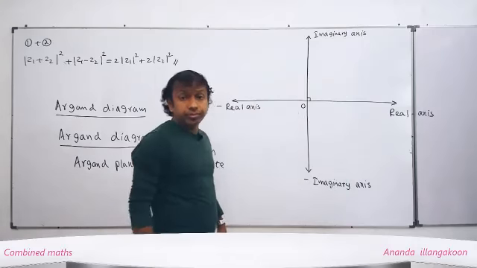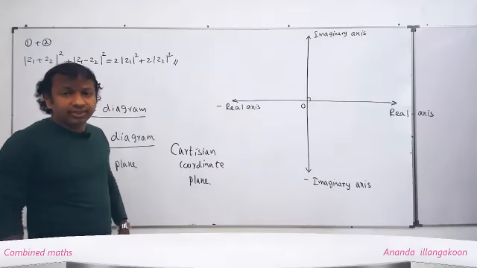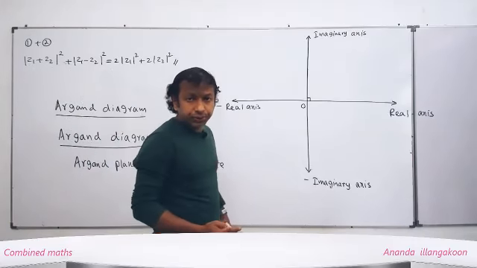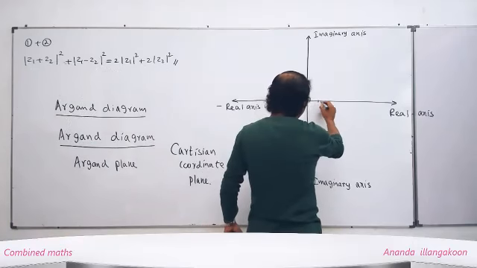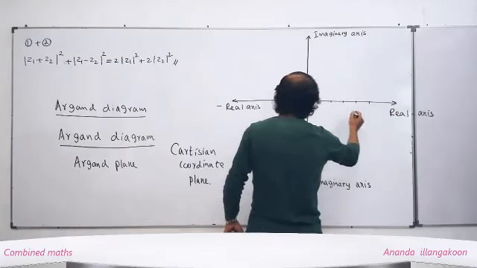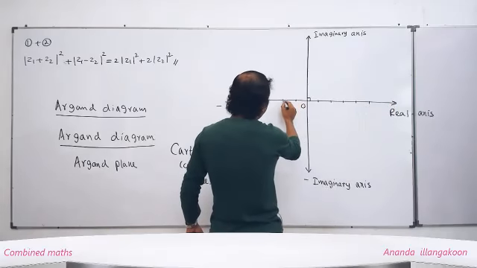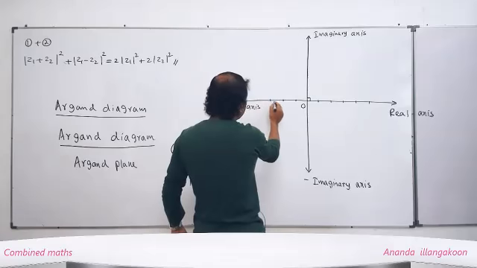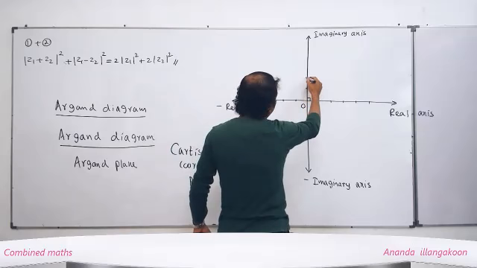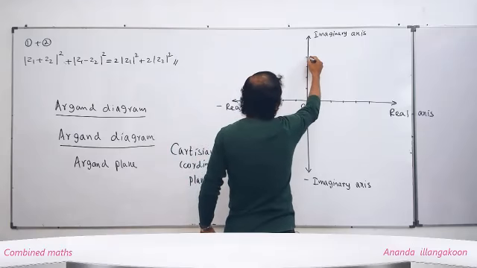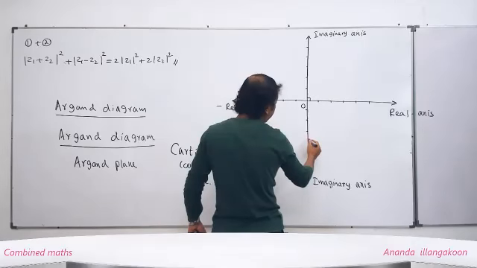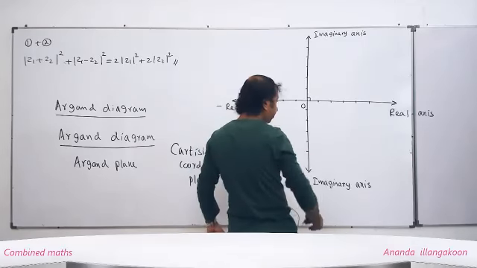Okay, people, then what are the numbers available on the axis? On this axis, what are the numbers available? The usual numbers. Here 1, 2, 3, 4, 5, and so on. Here negative values, -1, -2, -3, -4. And here also, 1, 2, 3, 4, 5, -1, -2, -3, -4, -5.